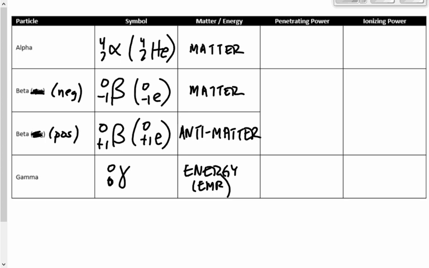Beta particles, whether we're talking about beta negative or beta positive, it's not huge penetrating power, but it's more than alpha particles. We would say it's about 1 to 2 centimeters of flesh. So you might burn me with your beta particle zapper, but it's still not going to penetrate into internal organs.